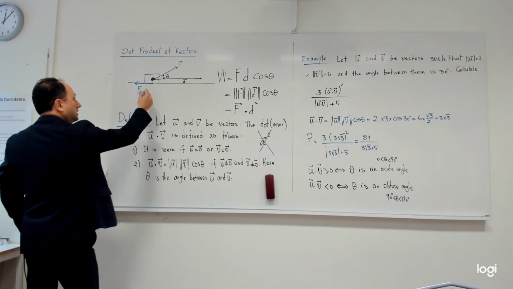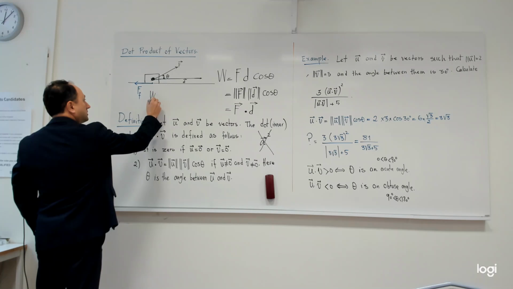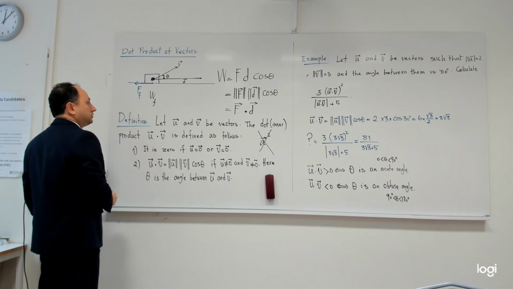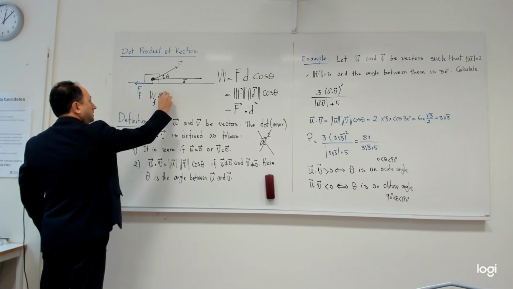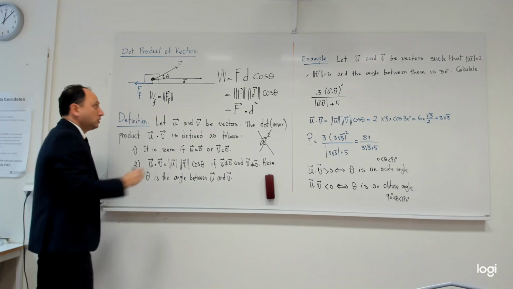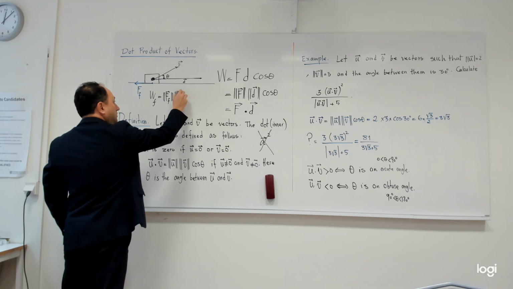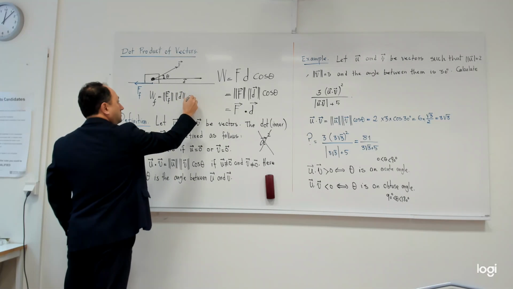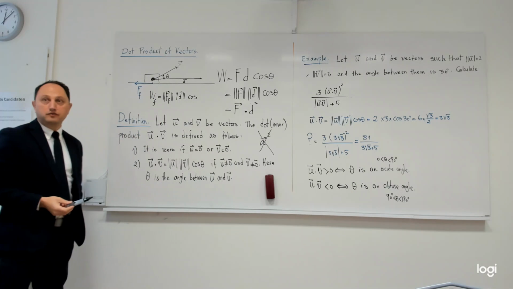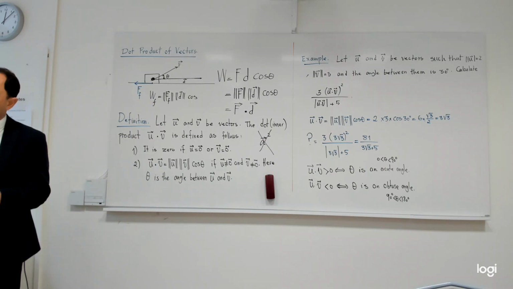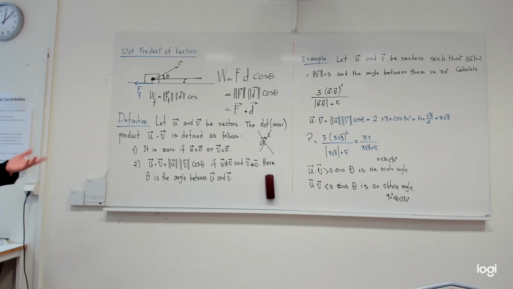The work done by the friction force, let me write WF for friction, is equal to the norm of the friction force multiplied by the norm of the distance, multiplied by the cosine of the angle between the friction force and the displacement. So what is that angle?